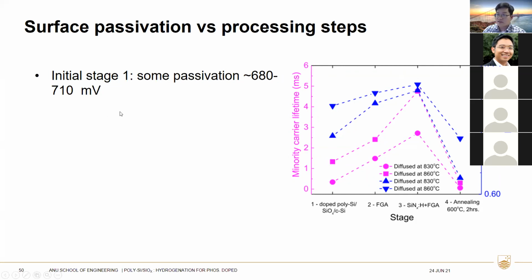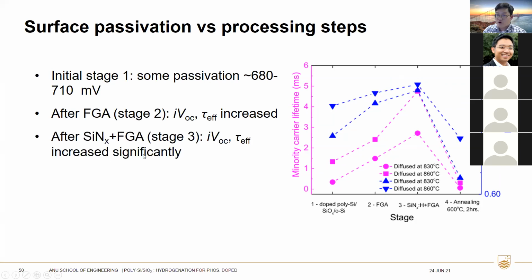Relatively good passivation. But after the forming gas anneal at stage 2, we see the iVOC and lifetime increase a bit, to around 4 to 4.5 milliseconds, and iVOC around 720 millivolts.